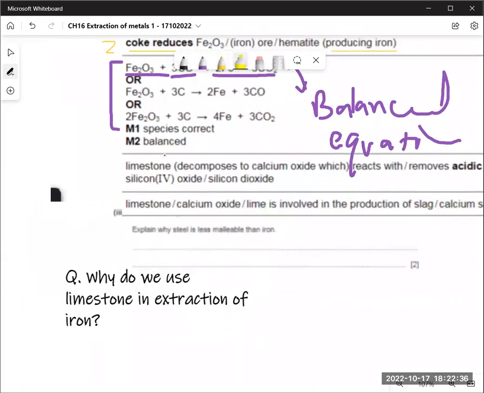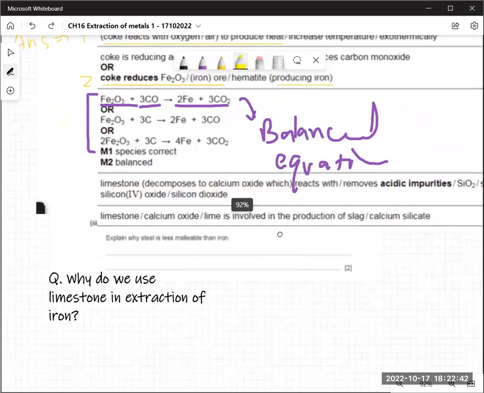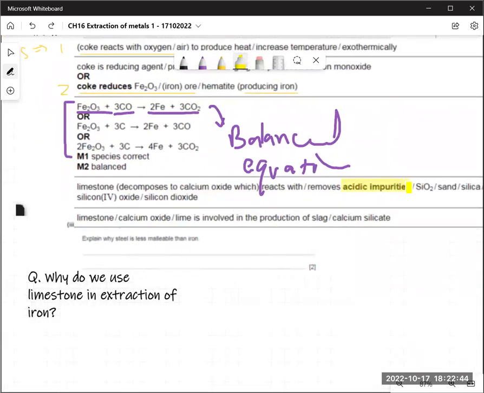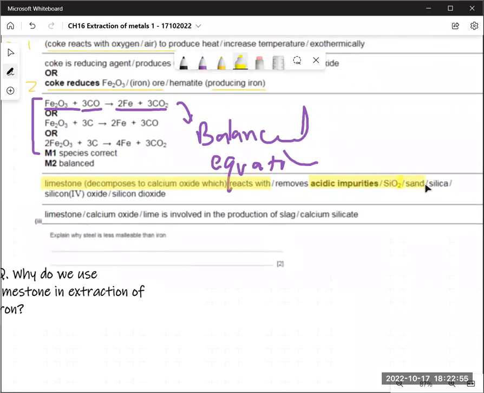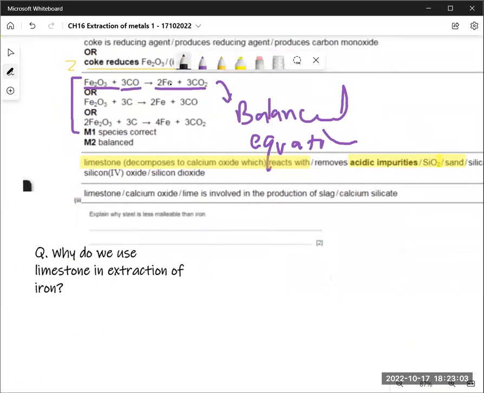All you have to write is this: limestone decomposes to calcium oxide, which reacts to remove acidic impurities. It's the same thing as part 4, but shorter, so rewrite it and find it as the answer for this question.